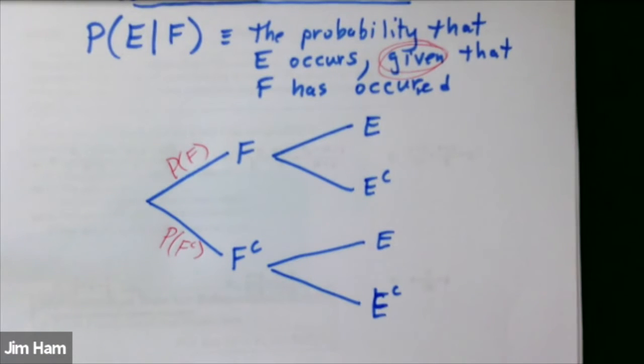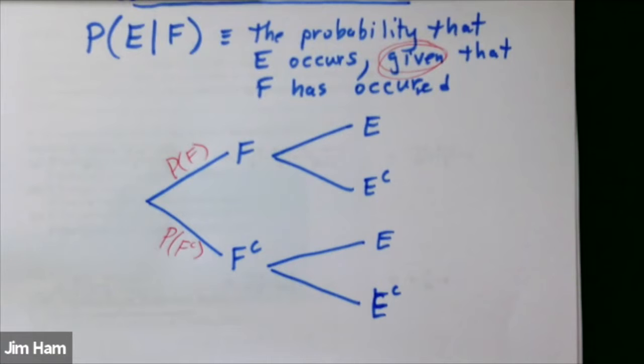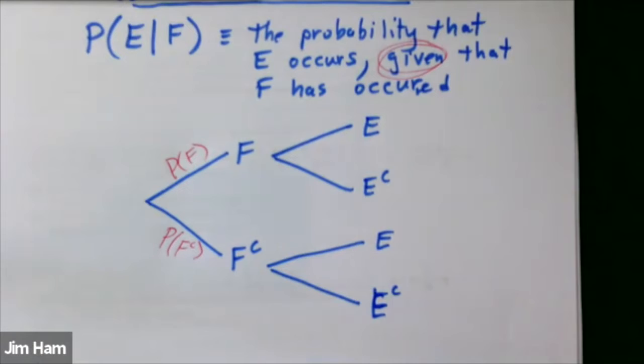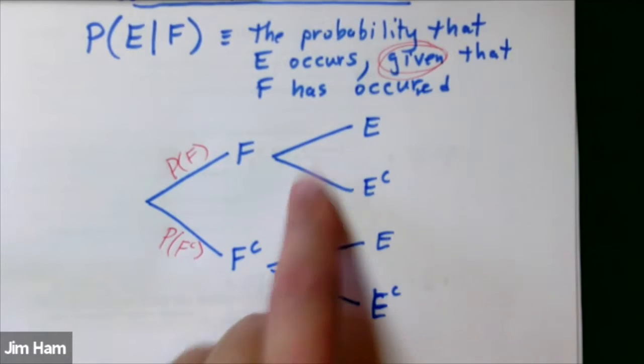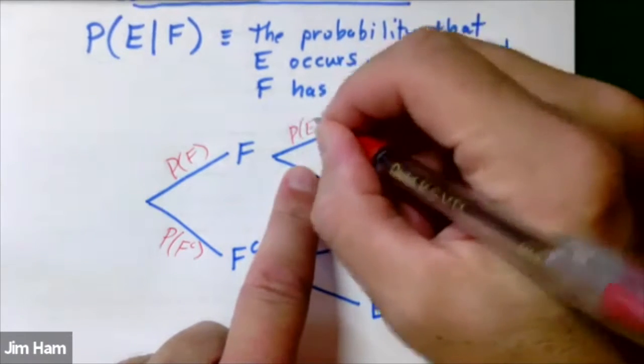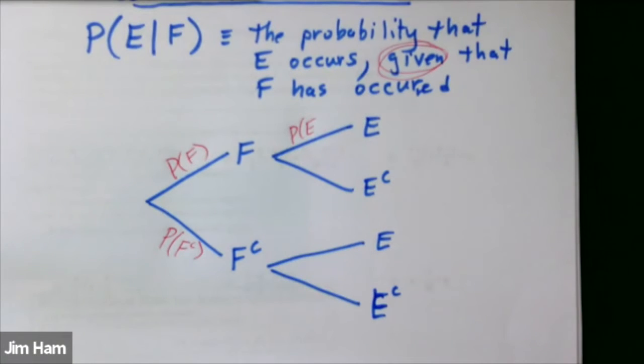At every branching, we know that these two add up to 1. When you add the probability of F with the probability of F complement, it's going to equal 1. So at every branching, the probabilities are going to add to 1. If you had 3 branches, then the 3 will add up to 1. All right, now, the way that we label these probabilities changes because we can't just write here the probability of E, even though we're going to E, because something has already happened.